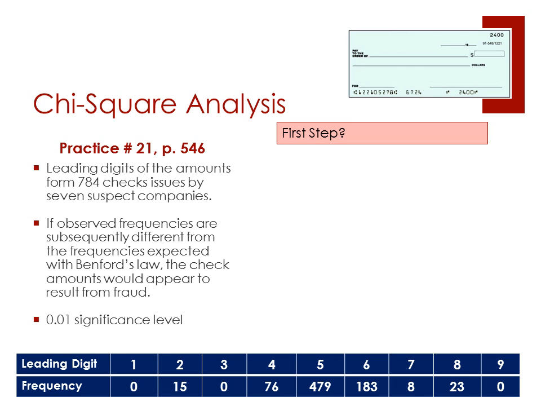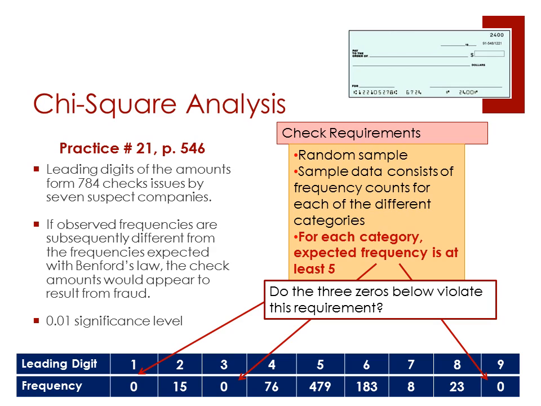So again, as with anything, we're going to be starting off looking at our requirements. Here we're looking at doing a simple random sample. We're told to assume that is true. The sample data consists of frequency counts for each of the different categories, so we do have frequency counts for each of them. And for each category, we need an expected frequency of at least 5.